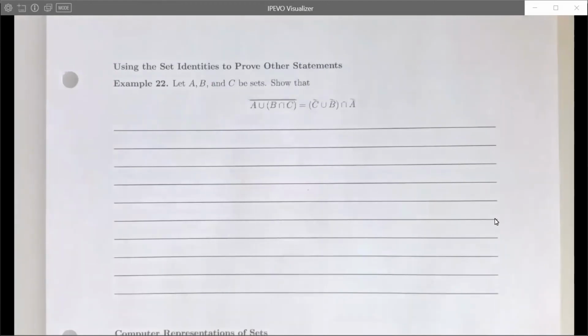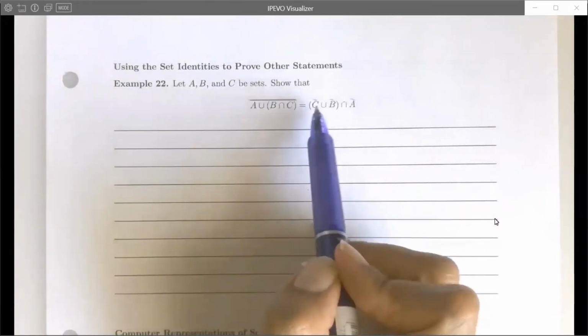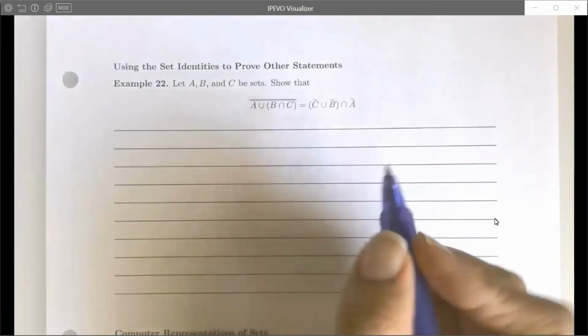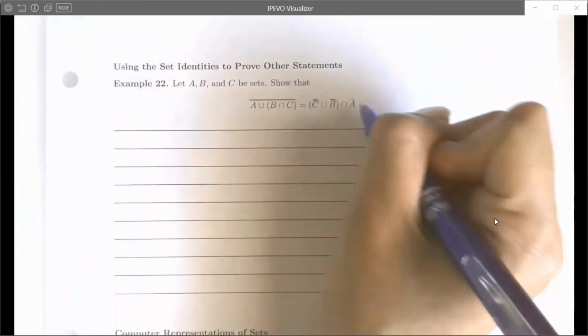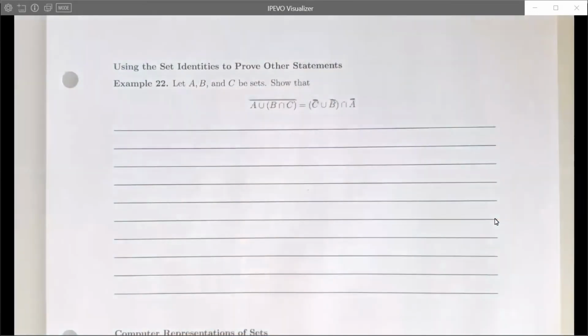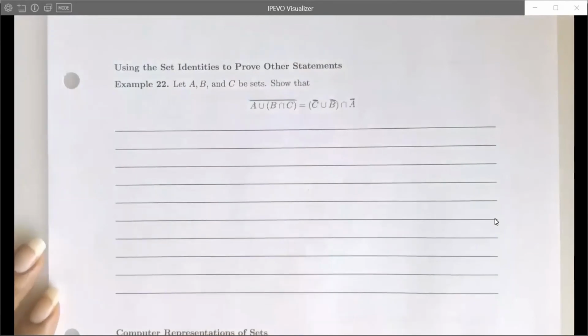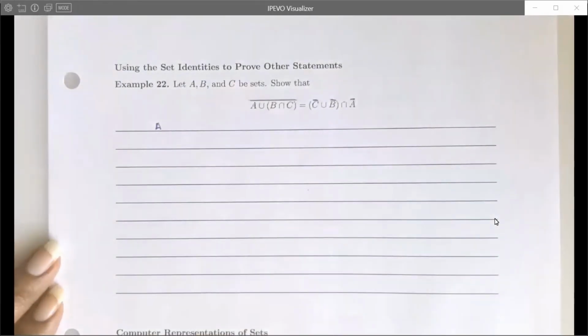They want us to show that the complement of A union B intersect C is the same thing as the complement of C union the complement of B, intersect with the complement of A. And so the key here is to start only on one side of the equality sign, and then apply the set identities to try and reach the opposite side.